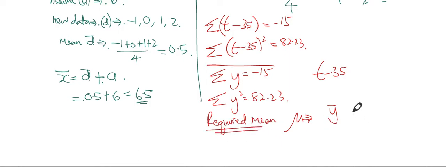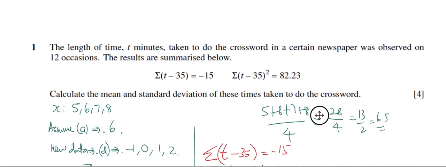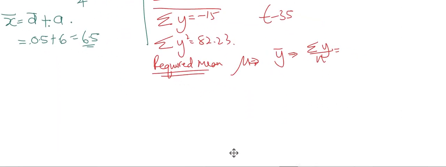To find y bar, I take the summation of y and divide by n. I forgot to write n here, I think n is 12. So y bar is negative 15 divided by 12, which is negative 1.25.